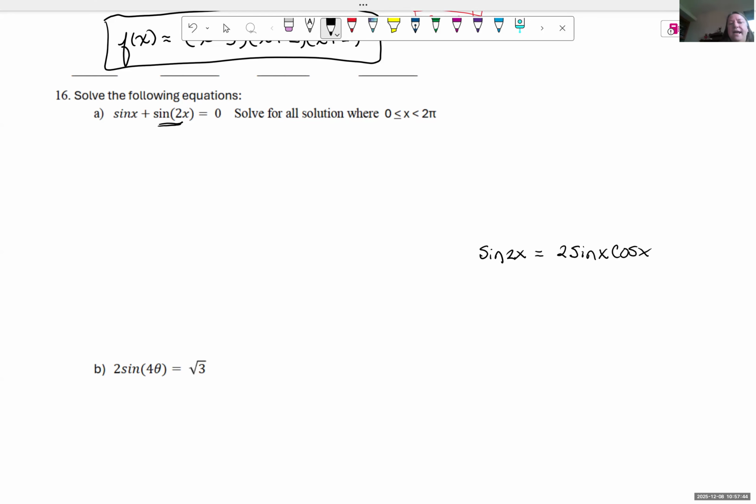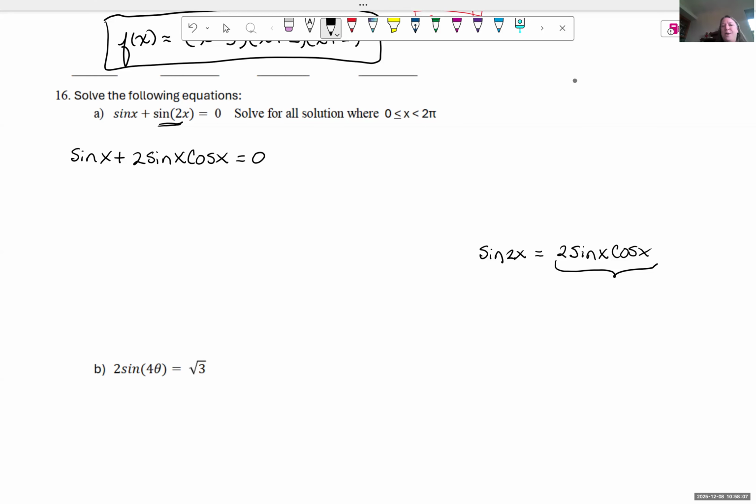So let's rewrite sine of 2x using this identity as 2 sine x cosine x. So doing that, we have sine x plus 2 sine x cosine x equals 0. And so now I see that I can factor here.